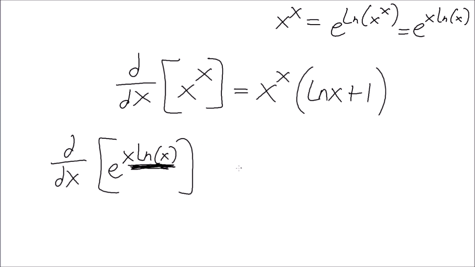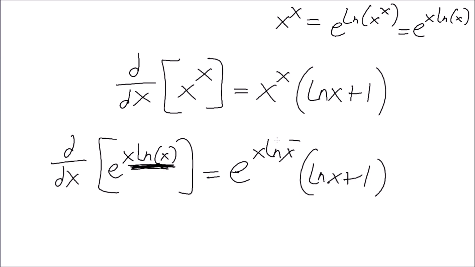So by chain rule, this is e to the x ln of x times the derivative of the inside, which is ln of x plus 1. And again, this is equal to that.